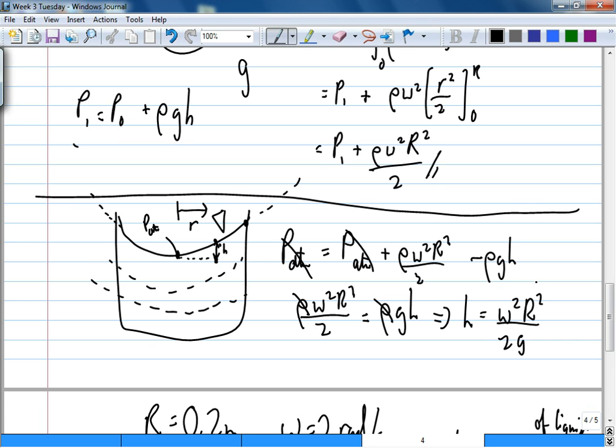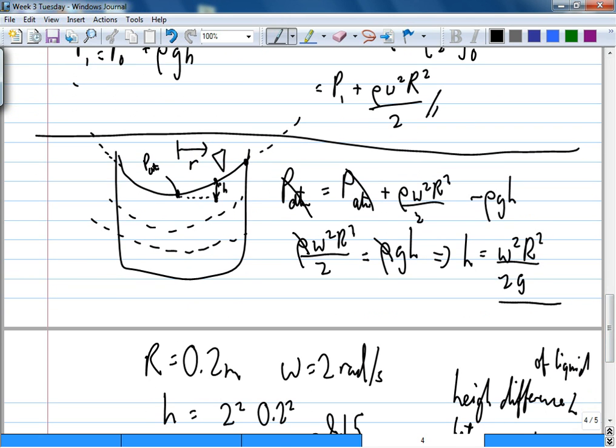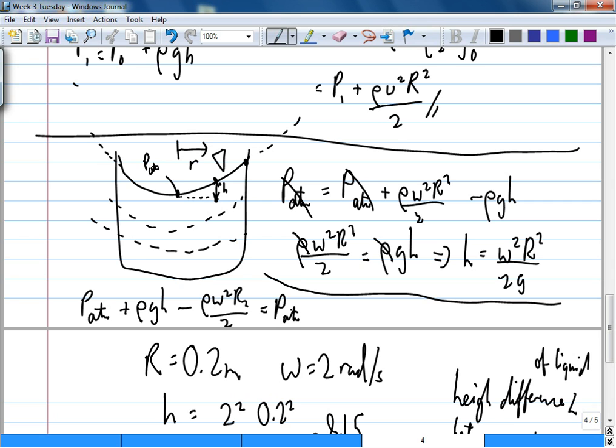Or if you want to go the other way, you also can. Let's say I start here. What's the pressure here? P atm. I go down, plus rho g H, and I go inwards, so minus rho omega squared r squared on 2, and then I'm finally here. What's the pressure here? P atm. Same, you can go either way.